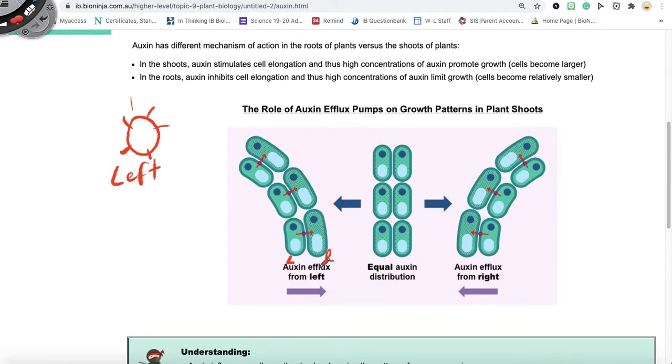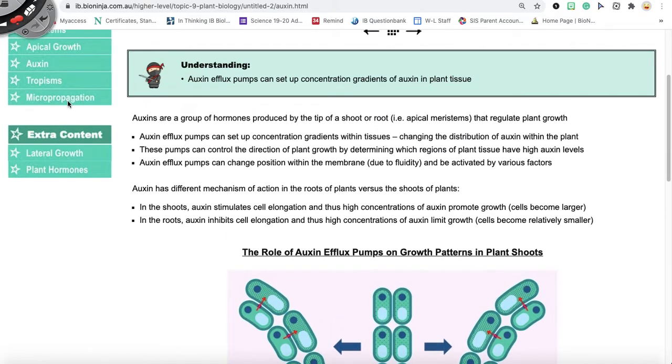So there's going to be a greater accumulation on the right side of the cells where there's shade, which means that these cells on the right are growing at a faster rate, and they're going to elongate, which causes the plant to bend towards the left or towards the light. And then it's the opposite if the light source is on the right. All right, so let's go back.